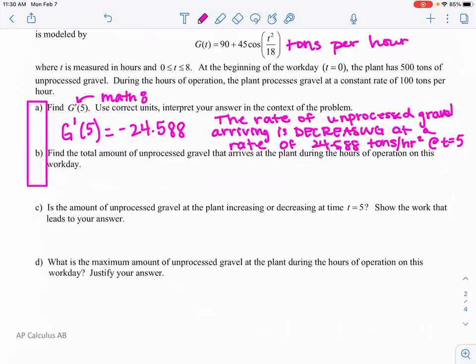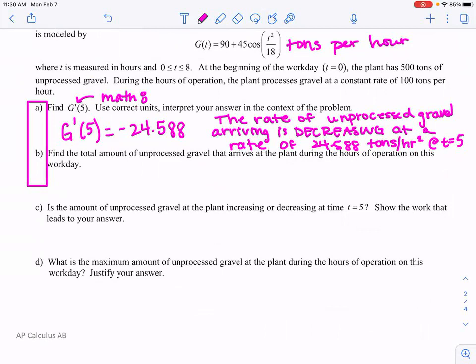Is that bothering you? No? We're okay with it? Physics, it's kind of like going from velocity to acceleration. Because that's a derivative relationship.